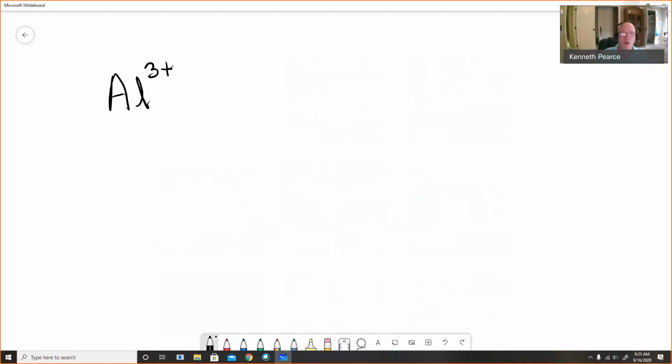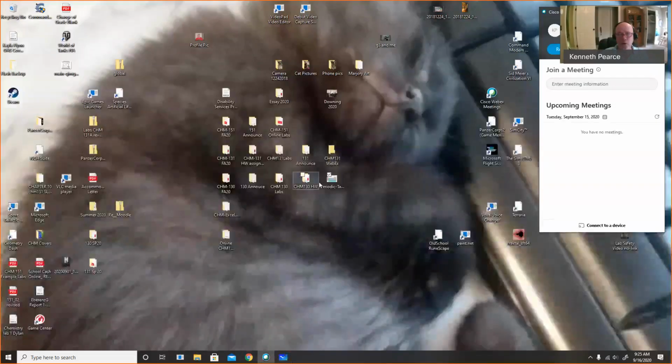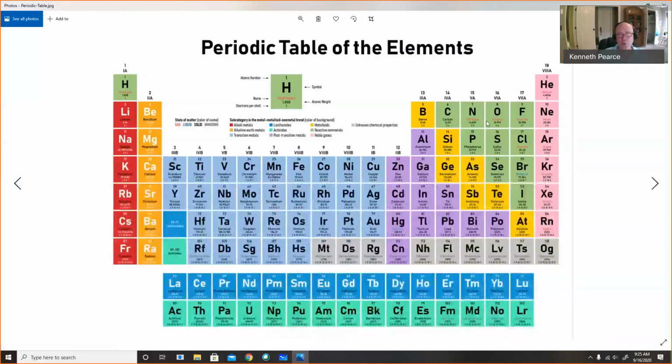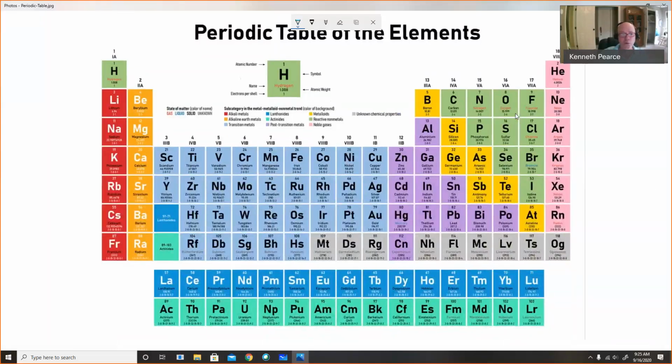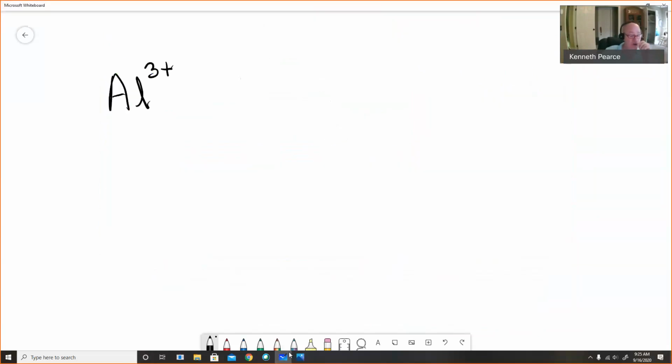Let me pull up another periodic table here. We look across and we go 1, 2, 3. Oh, aluminum has 3 valence electrons. It just so happens to work out that it's the same as the charge, though unfortunately, I picked that one first.